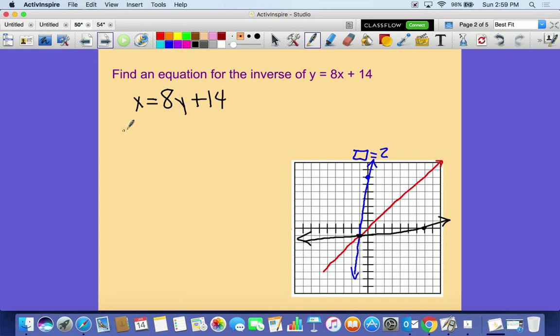We subtract 14 over, and then we divide by 8. So we get y equals 1/8 x minus 14/8, which is the same as 7/4.